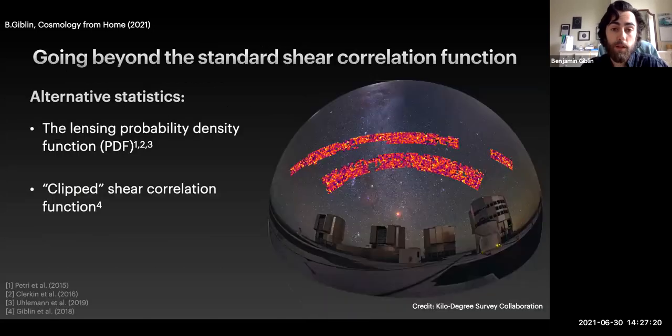Okay, so let's move on to how we get more information out of weak lensing data. And this consists of going beyond the standard weak lensing shear correlation function.